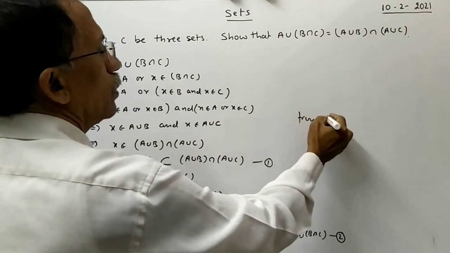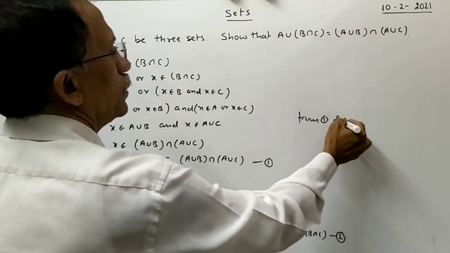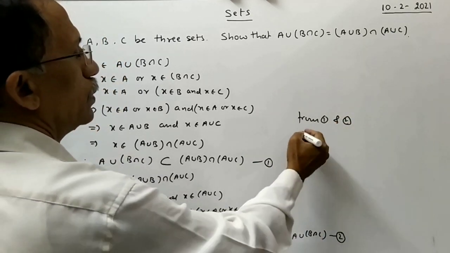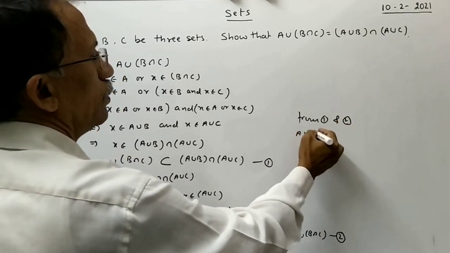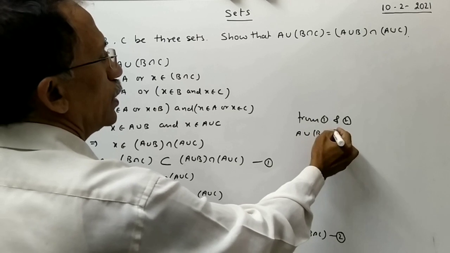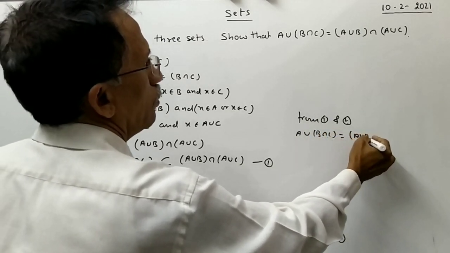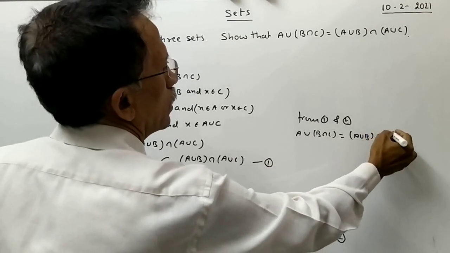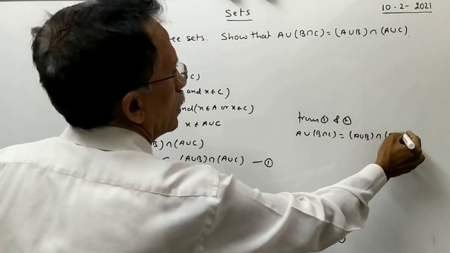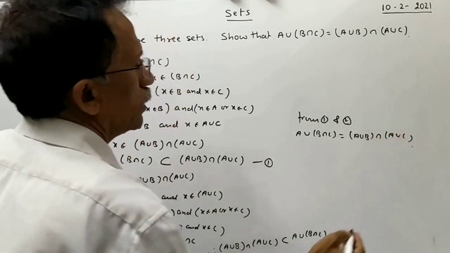From 1 and 2, A union B intersection C is equal to A union B intersection A union C.